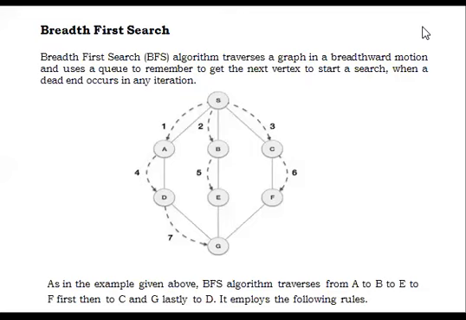The next one is breadth first search. The breadth first search traverses a graph in a breadthward motion and uses a queue to remember the next vertices to start a search, to visit all successors of a visited node before visiting any successor of those successors.